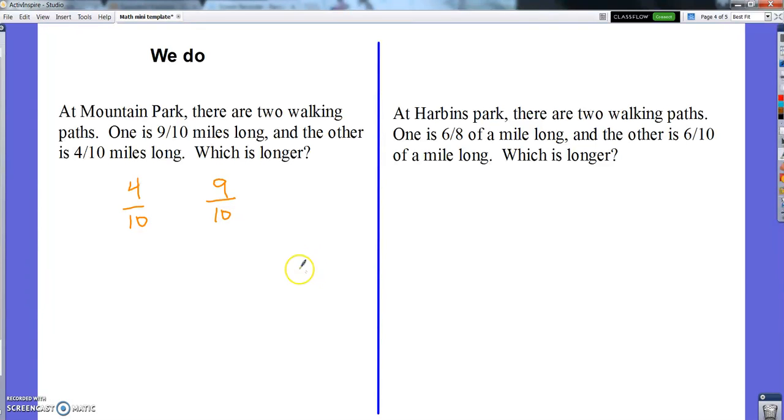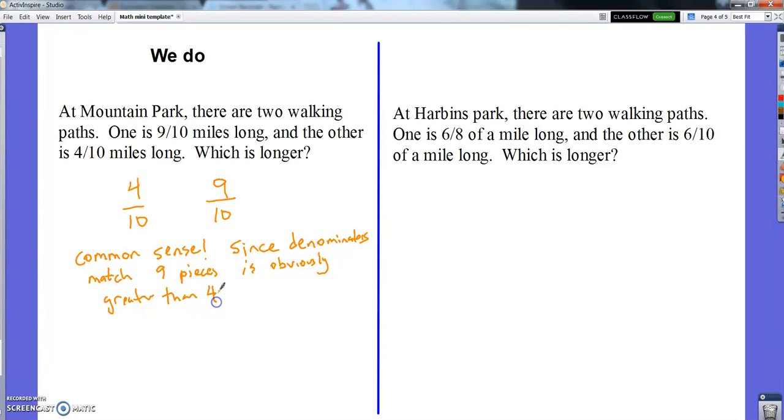And I want your strategy to be common sense here. I'm going to even write it, common sense. Since the denominators match, 9 pieces is obviously greater than 4.